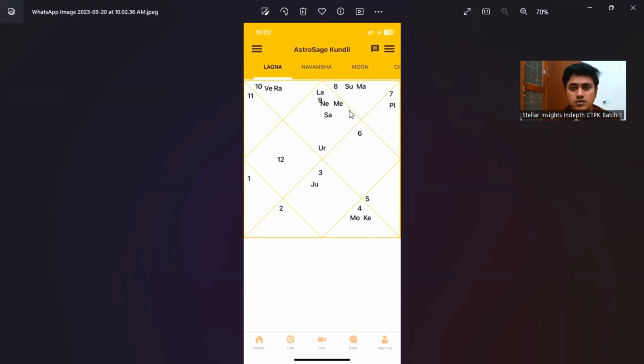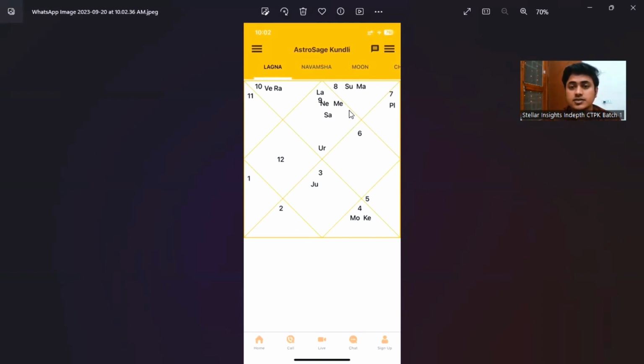If someone used to come to me and tell me about his mind, that he is depressed, what will I look at that time? What connection will I make? Mercury, mind. Mercury only. Moon. Then we will hold the Moon. We will see the Moon. Who is Jiva Karaka?